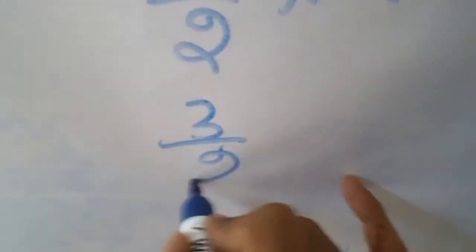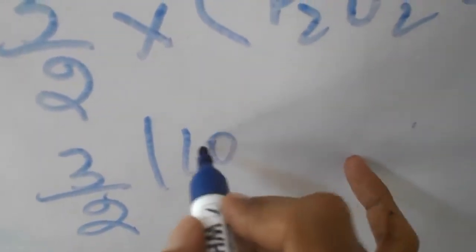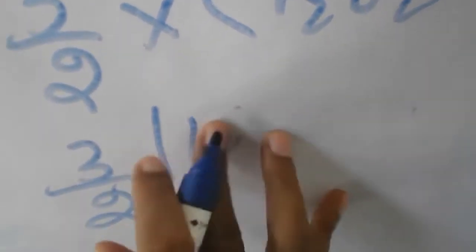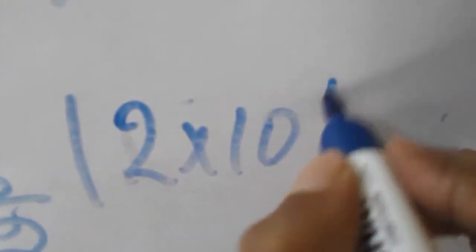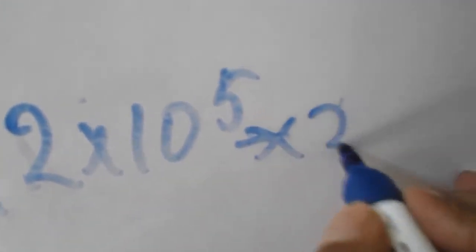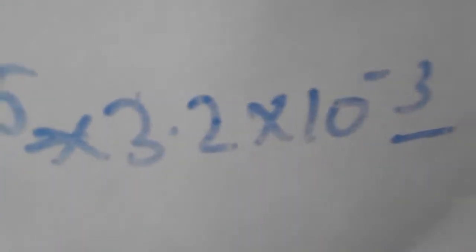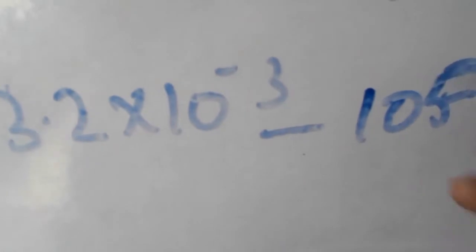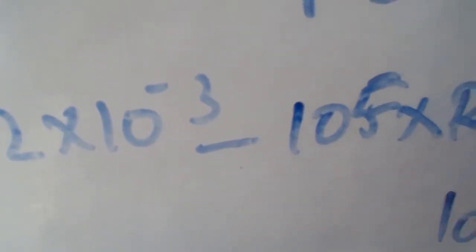Okay guys, so what does it become? 3 by 2 into, look, P2 is 2 into 10 to the power 5 into 3.2 into 10 to the power minus 3, minus 10 to the power 5 into 2.4 into 10 to the power minus 3.